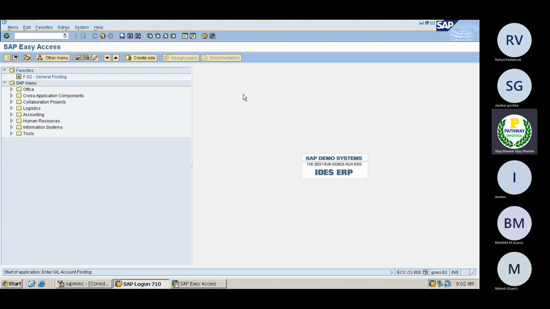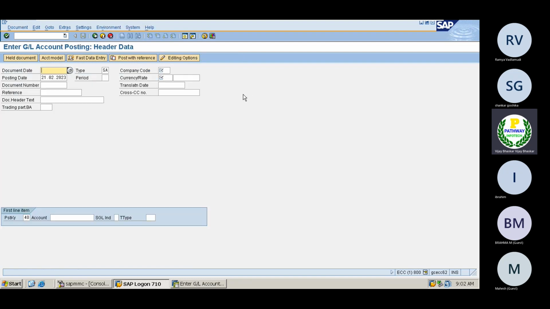Now F-02, you can take any one. This is the posting key. If I want to enter a debit transaction, the posting key is a 2-digit numeric key. In finance we can enter the posting keys.